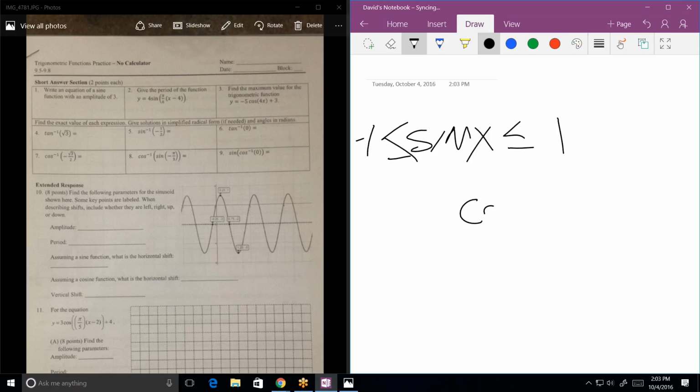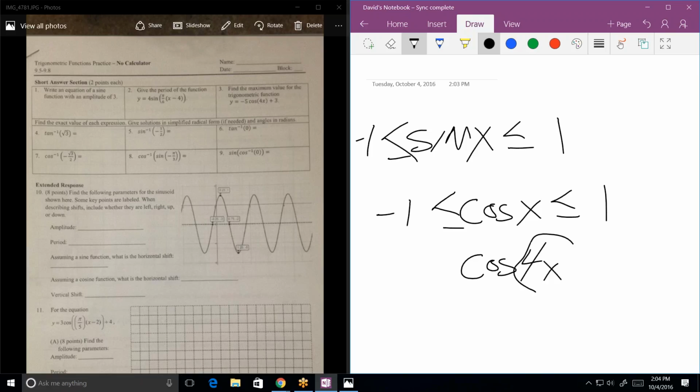Same thing with the cosine of x: always greater than or equal to -1, and less than or equal to 1. It doesn't really matter if I say cosine of 4x. That's an angle. As long as that's an angle, it still has to be greater than or equal to -1 and less than or equal to 1. So when there's a B, it doesn't really affect the amplitude.